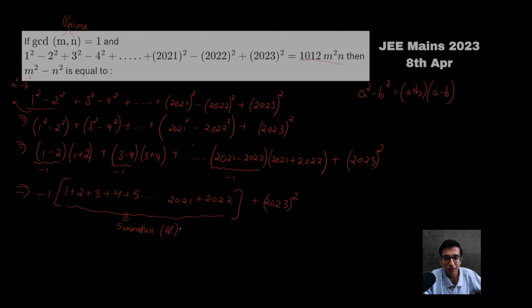With common difference equal to 1. And if you try to look at this more closely, this is a standard result that we had studied. This is the summation of n natural numbers here. So we can write this as minus 1 into, let us write it here, sum of n natural numbers.